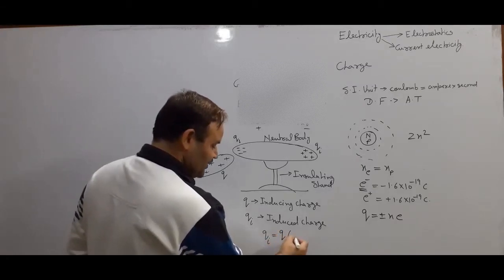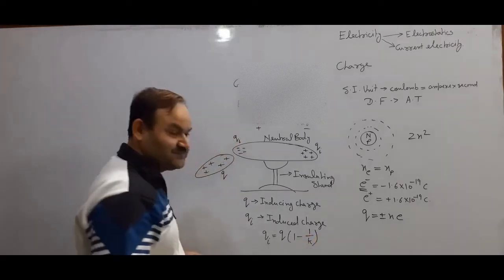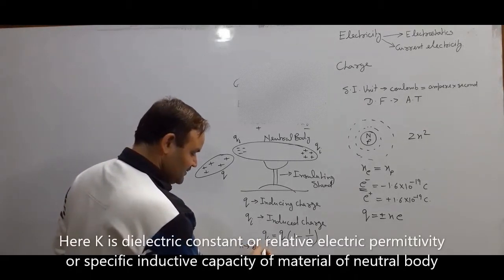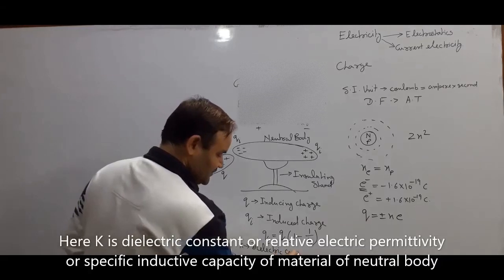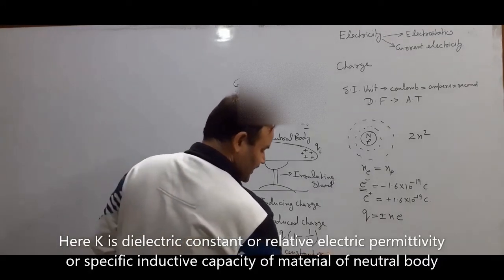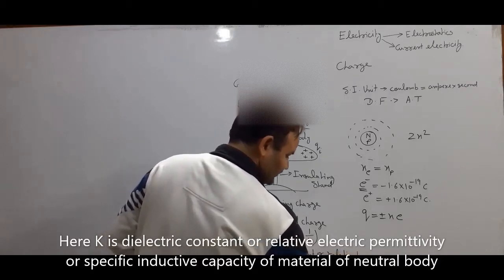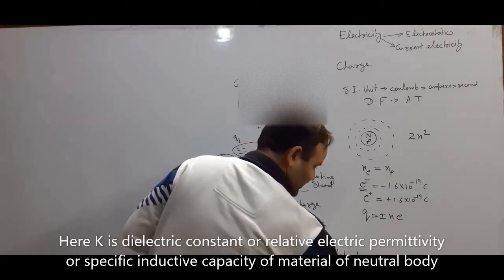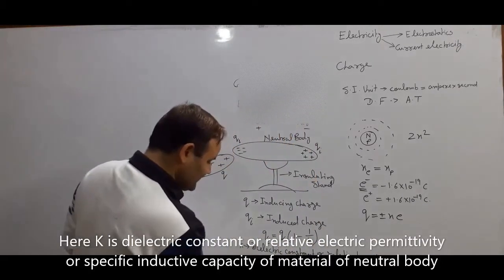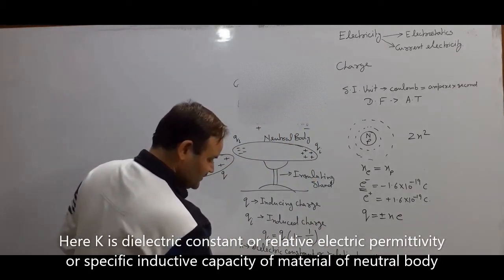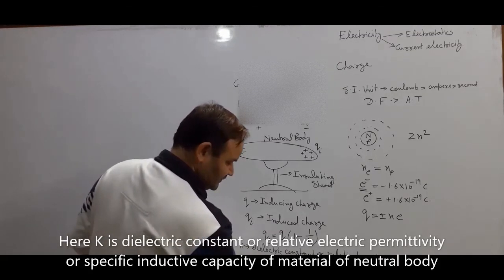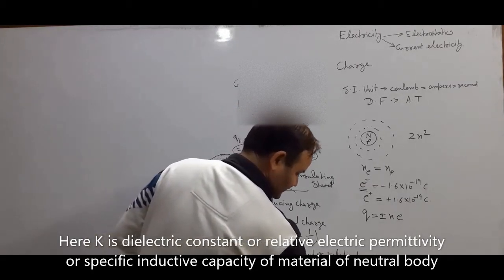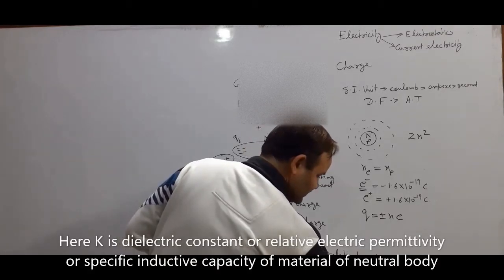Qi is equal to Q into 1 minus 1 upon K. Here K is called dielectric constant, or relative permittivity, or specific inductive capacity of material of neutral body.